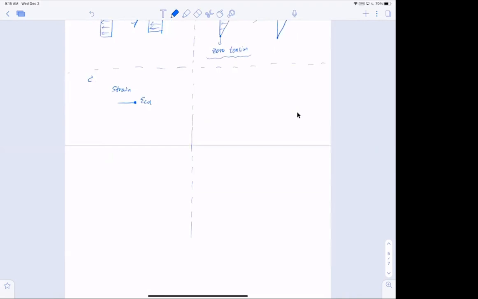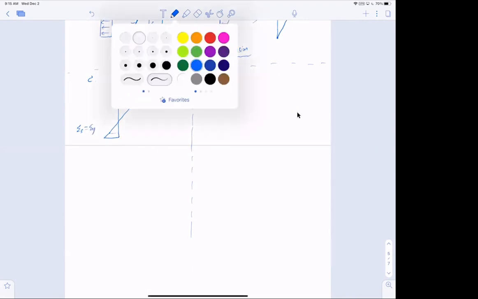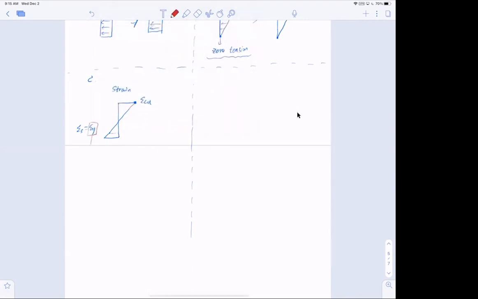And then I keep dragging it to the tension side of it. And now, I reached the point where exactly my steel has the yield strain, and yield strain for grade 60, you all know that is 0.00207.